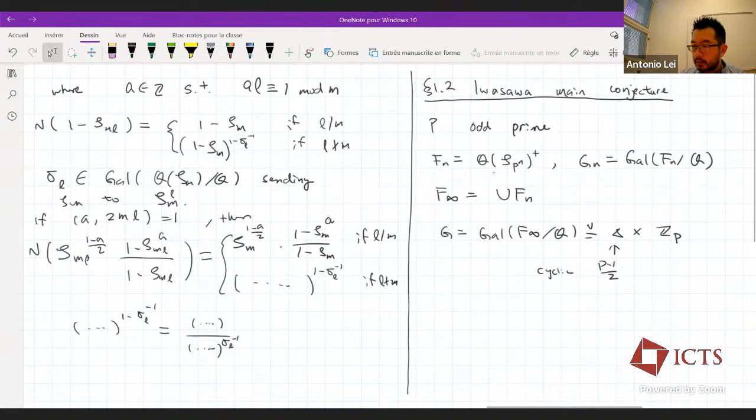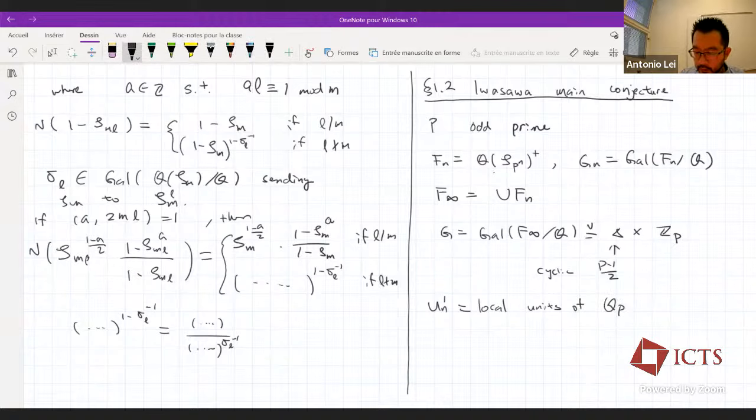Then I will write Un1 to be the set of local units of Qp adjoin zeta p to the n plus, and this 1 means I'm looking at the units that are congruent to 1 modulo the maximal ideal.